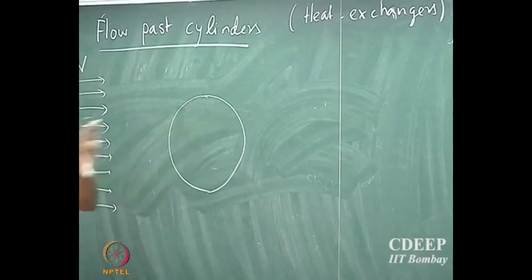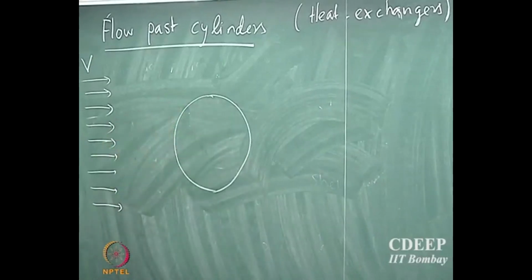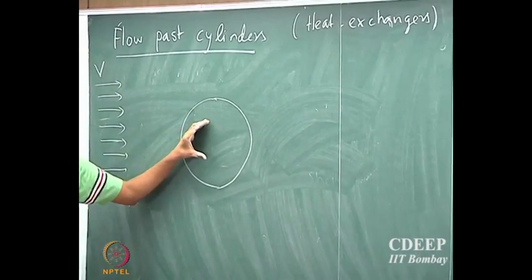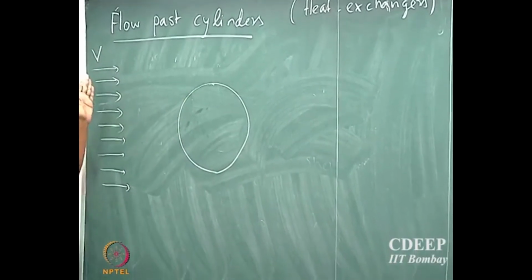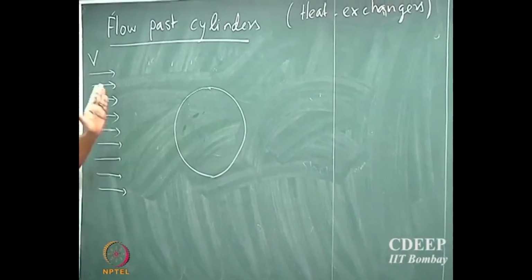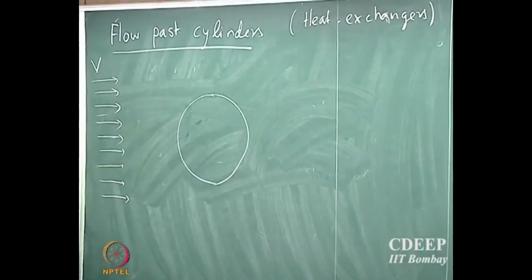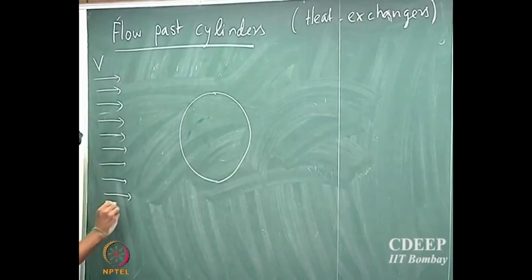So here's a cylinder which is going inside to outside of the board, and this is the cross section, and you have a fluid which is flowing at a certain upstream velocity, where V is the velocity very far away from the cylinder, okay. And let us assume that the temperature of the fluid is T infinity, okay.